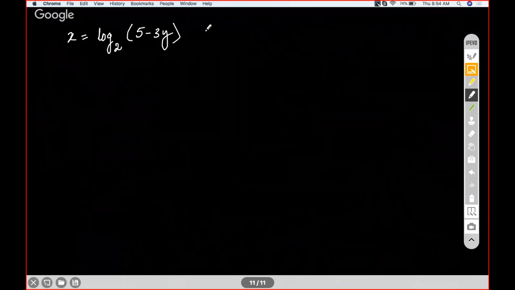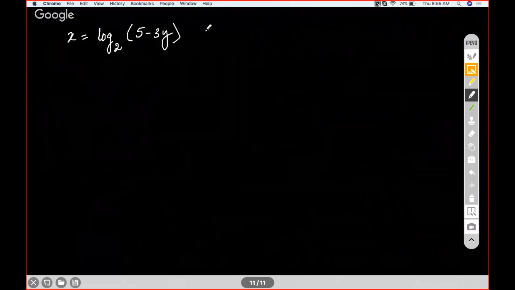Fine. So first I'm going to plot log x to the base 2. If I do log x to the base 2, how would my graph be?